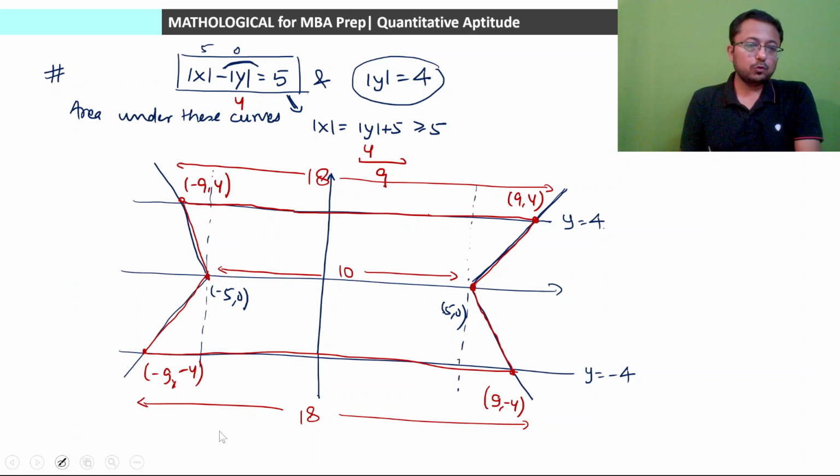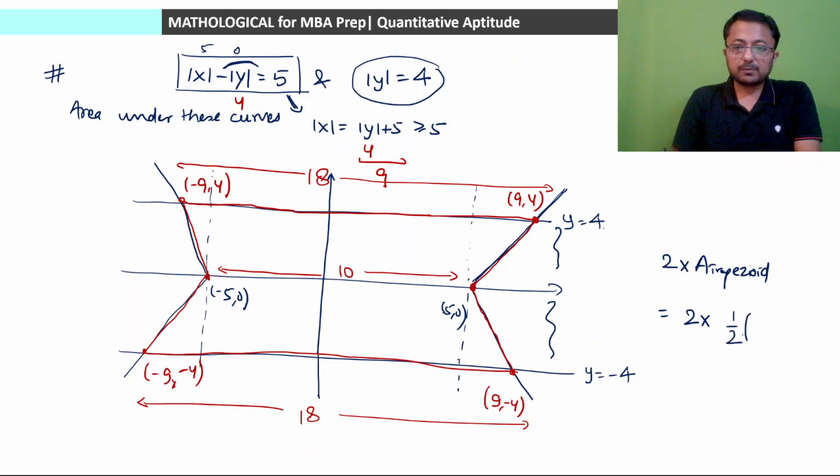So we are getting two trapezoids. The shape we get is two trapezoids, one above and one below, and both will have the same area. So the total area will be 2 times the area of a trapezoid. And the area of a trapezoid is equal to 1/2 into the sum of the lengths of the parallel sides. The parallel sides are 18 and 10.